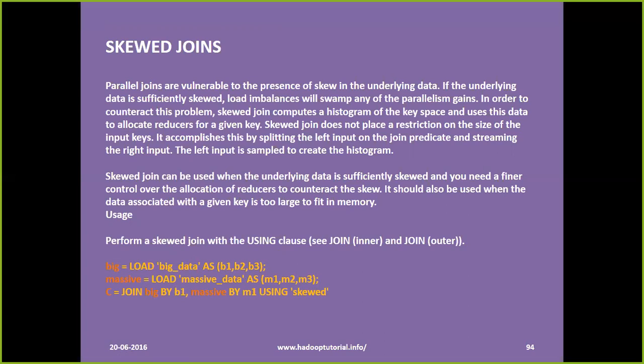So that is the concept of your partition. If for a single key you have half of the records, then one reducer will be processing half of the load, and all the remaining reducers will be processing the remaining half of the load. Then obviously that reducer is going to take a lot of time.